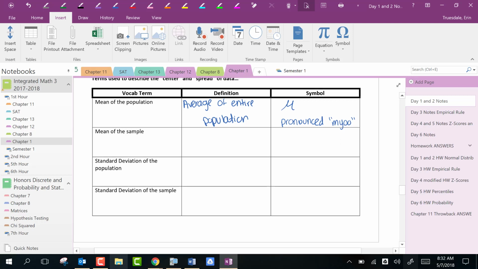The mean of the sample would just be the average of a sample, so part of the population, whatever part you are sampling. And we use X bar to describe that.